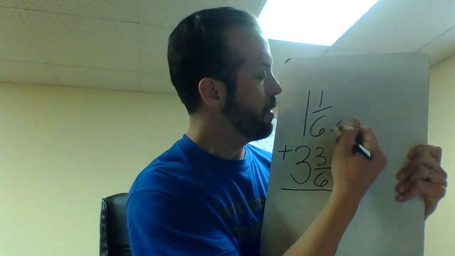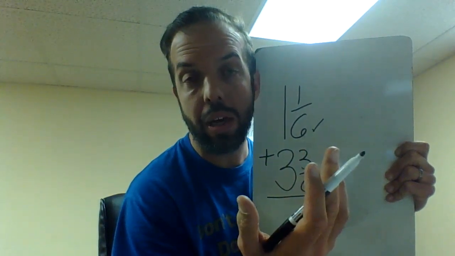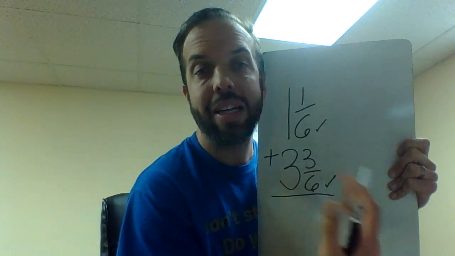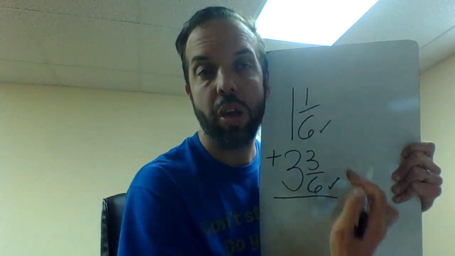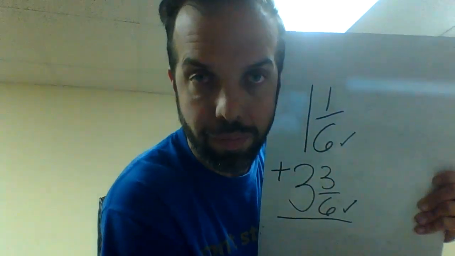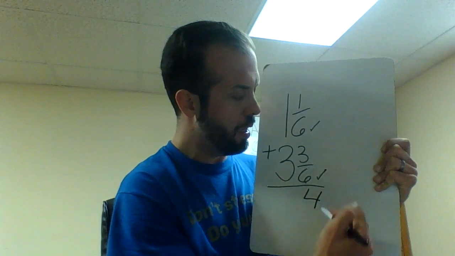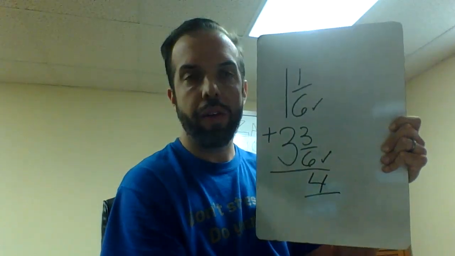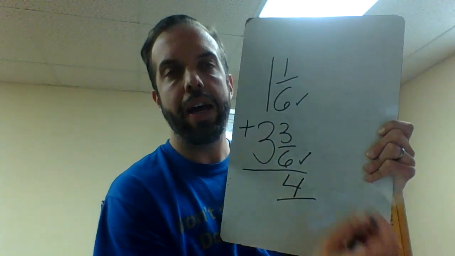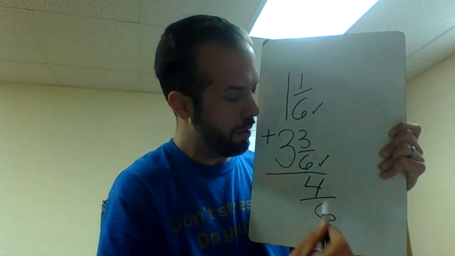I have a 6 and a 6. We learned two weeks ago that if my denominators are the same, I simply add the numerators. So what's 1 plus 3? 4. So our numerator is going to be 4. Don't forget your fraction line. And our denominator stays the same, which is 6.